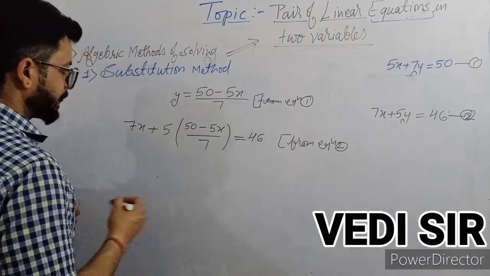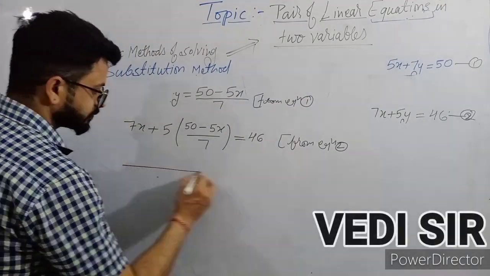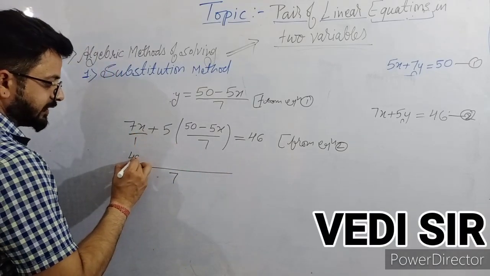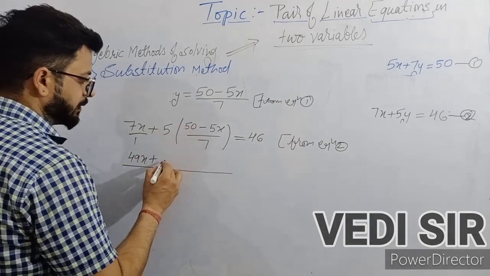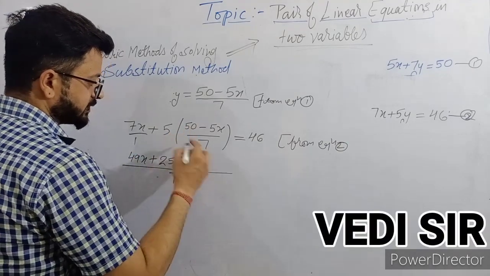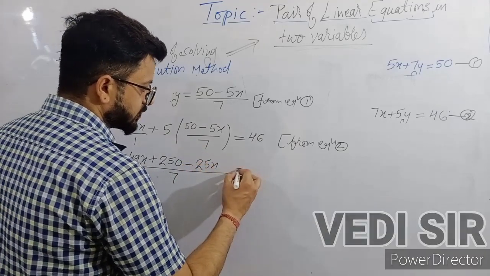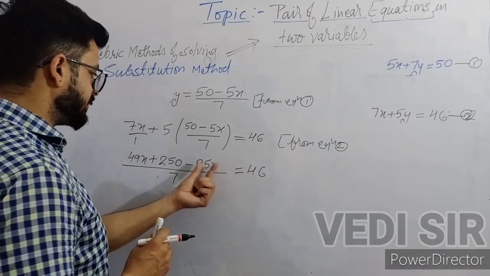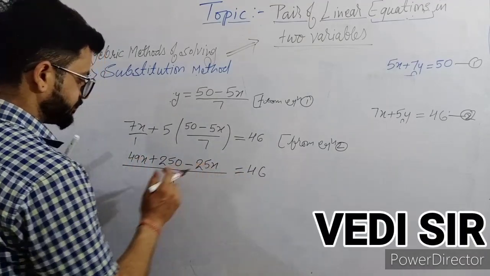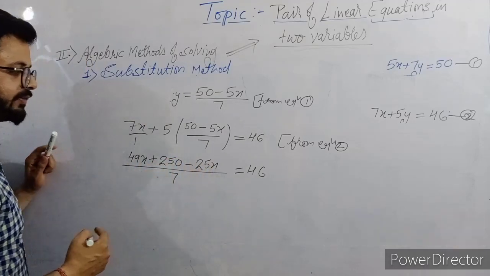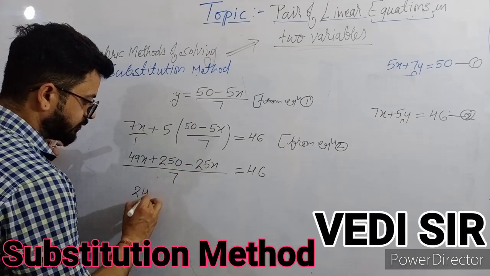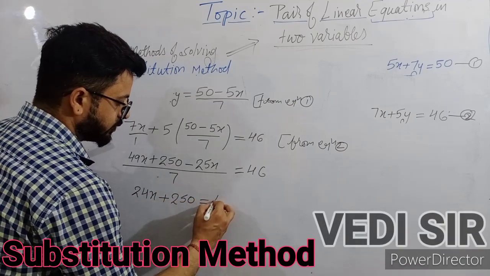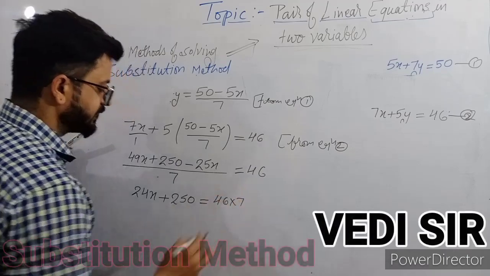Now we will simplify. I am taking 7 as the LCM. So this is 49x plus 5 multiplied by 50, 250 minus 25x is equal to 46 into 7. Now from 49x we will subtract 25x, then 24x plus 250 is equal to 46 into 7.